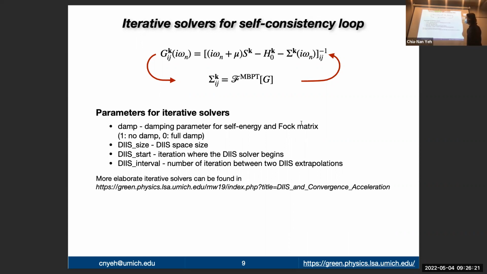But in many cases it could be slow or maybe even not converge. So in that case, you need a more sophisticated iterative solver. This is the simplest one: you mix the output of this iteration with the previous iteration, and you can also try DIIS, and the more sophisticated ones can be found in Pavel's talks.